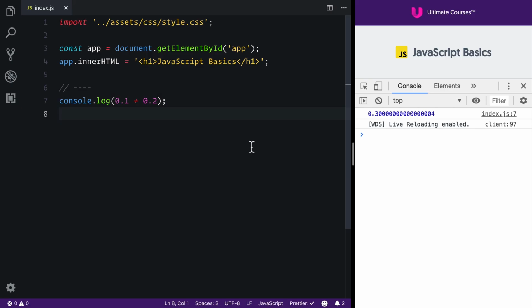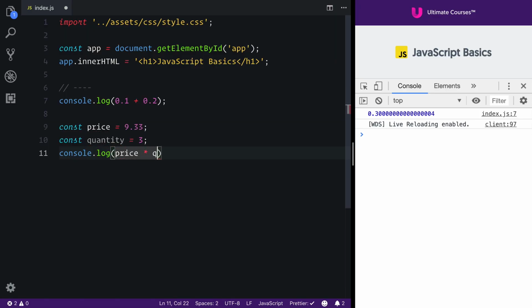When we buy something from a store, we could have a constant which has a price, and for this we'll assign it a decimal value of 9.33. Now let's assume that we wanted to buy 3 of these items. We can say that we want the quantity to be 3. Now we would get to a checkout perhaps at the store, and something like this would happen in the machine.